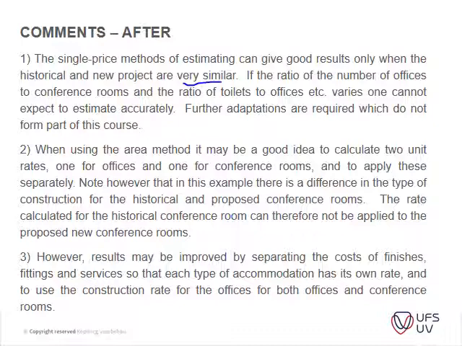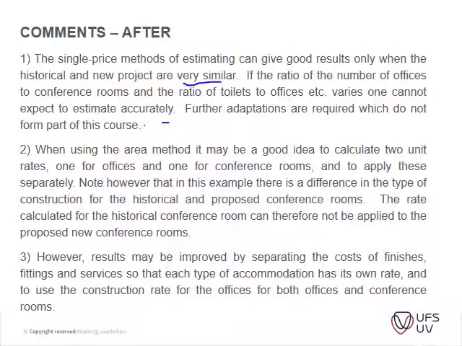Further adoptions are required which do not form part of the course. Okay, cool. So it's basically just the concepts. You can still play around in your estimate with these variations.